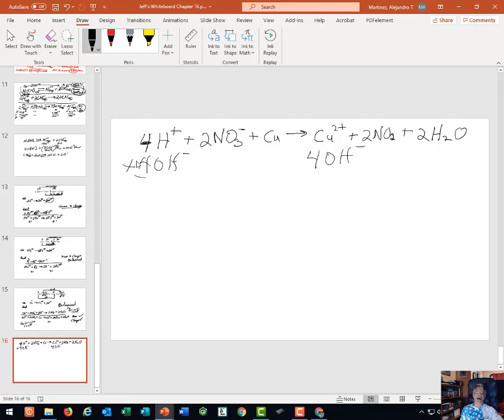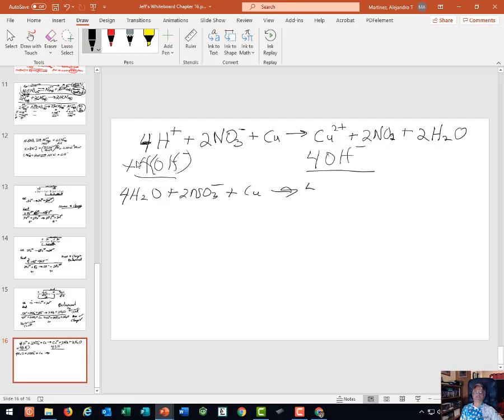So here's what happens when we add the 4 hydroxides. 4 H pluses plus 4 OH minuses make 4 H2Os. And then we've still got our 2 nitrate ions with a -1 charge. We've still got our copper over here.